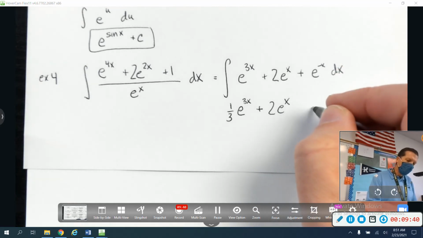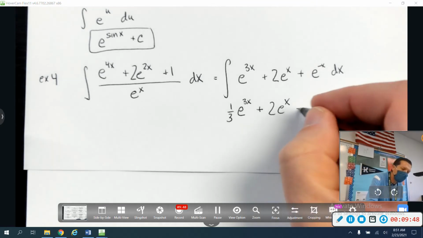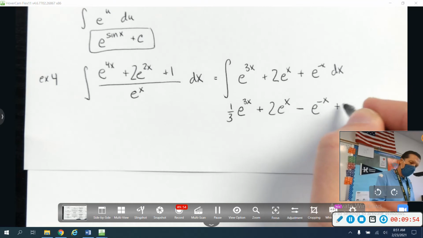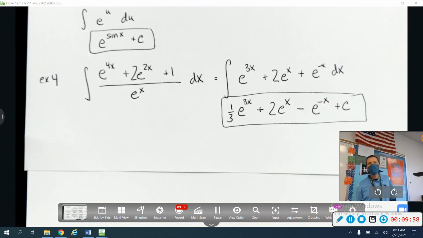E to the negative x, so I know it's e to the negative x. What's the chain rule of negative x? Negative 1, so I need a negative on there to kind of fix that. And then plus c. So that one wasn't too bad. It just had an algebra step at the front end of it.